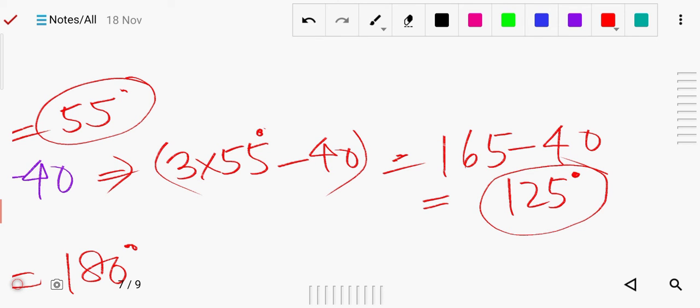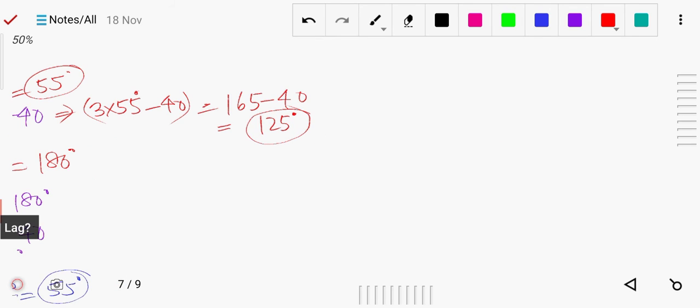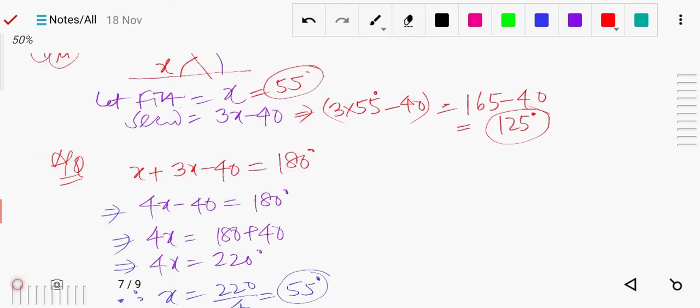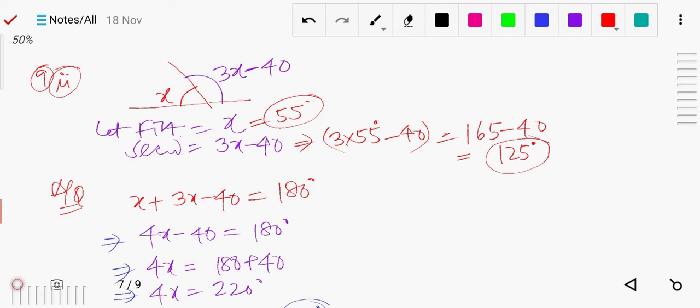So your answer is 125. In this way you have to do it. First of all, assume the first smaller angle is x, and the second is 3x minus 40. These angles are supplementary, so their sum will be 180. Then find the value of x, then put the values in our assumptions.